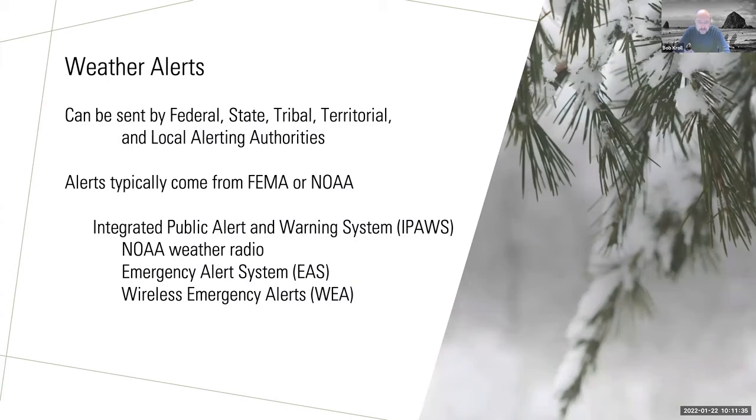It uses weather radios, and it would be good for everybody to have a battery-operated radio that gets the NOAA weather messages. It also uses the emergency alert system, like we've seen tested on TV and radio, and wireless emergency alerts, which come through our cell phones, almost like Amber Alerts do.